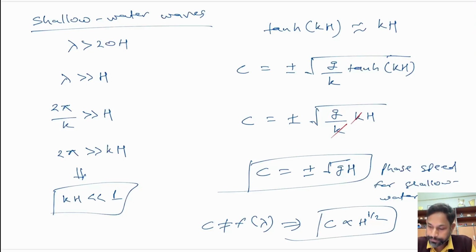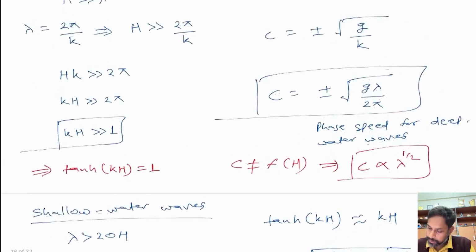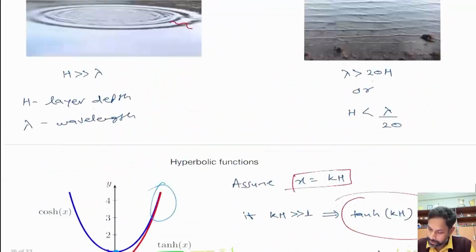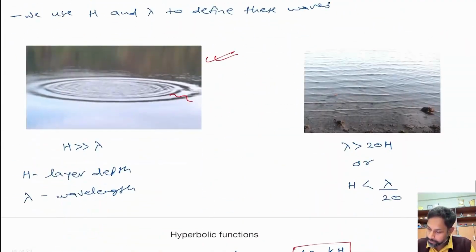All right, so here it does not matter what the wavelength is, your wave speed will only depend on the depth, and here you can see the velocity decreases, and that is what happens in this case.